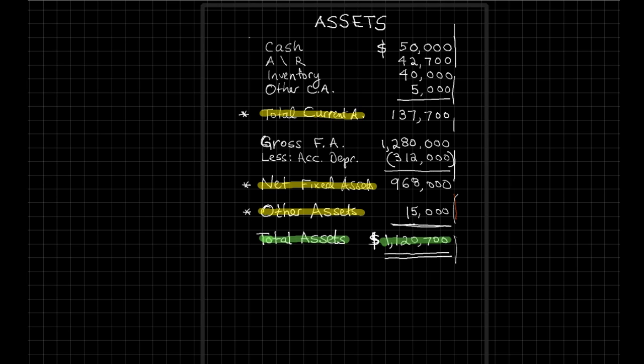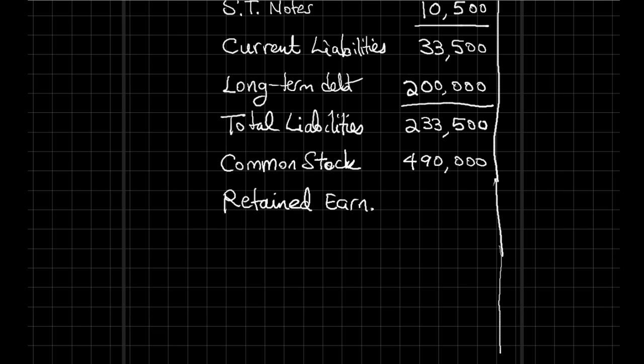So let's do some algebra here. That number, $1,120,700, would be equal to our total liabilities, which was $233,500.